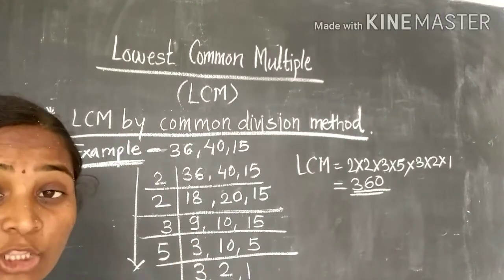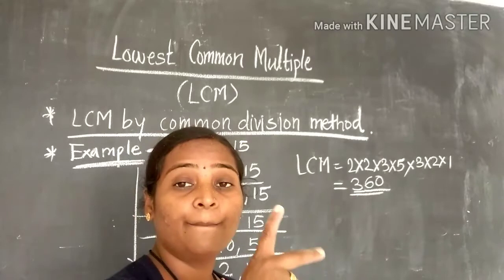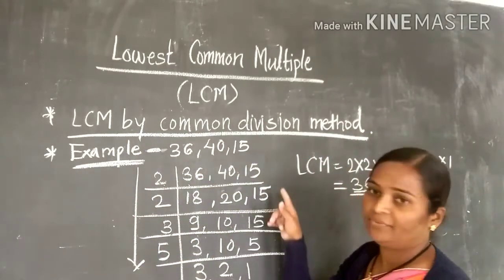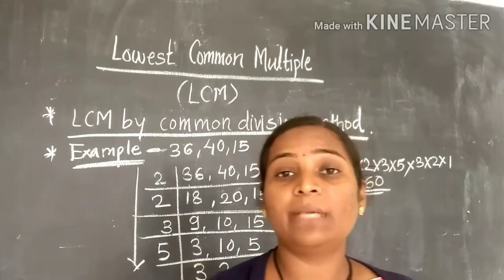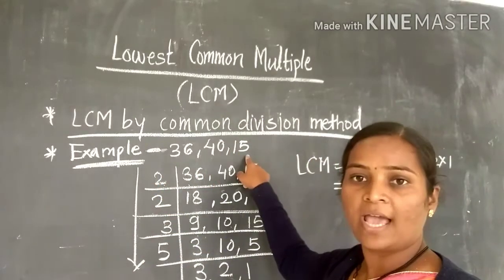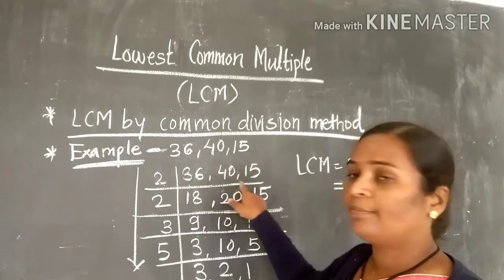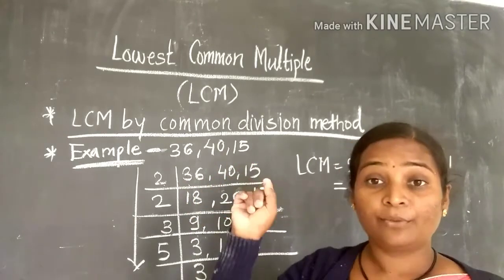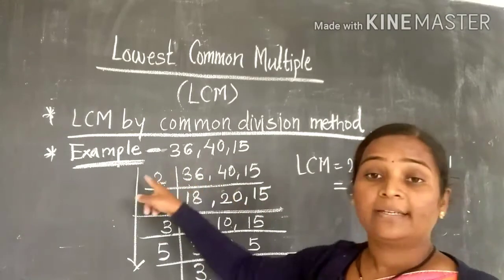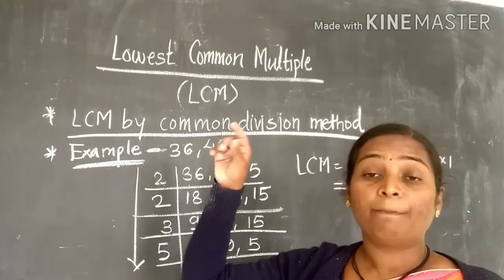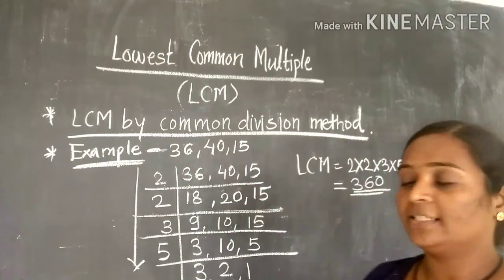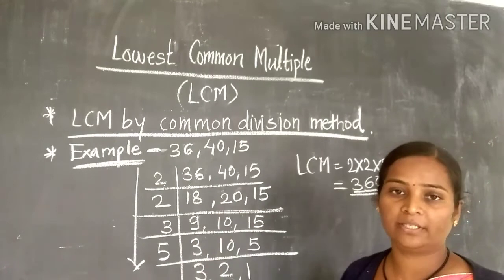So we have seen two methods, that is prime factorization and second is the common division method. Once again I am explaining this method. See the student, whatever numbers you have, put the numbers here. Give commas after each number. Okay, take a prime number by which exactly two numbers can be divided.